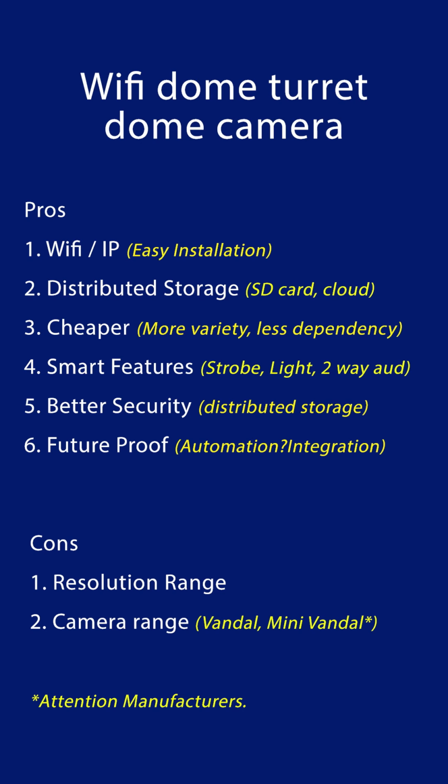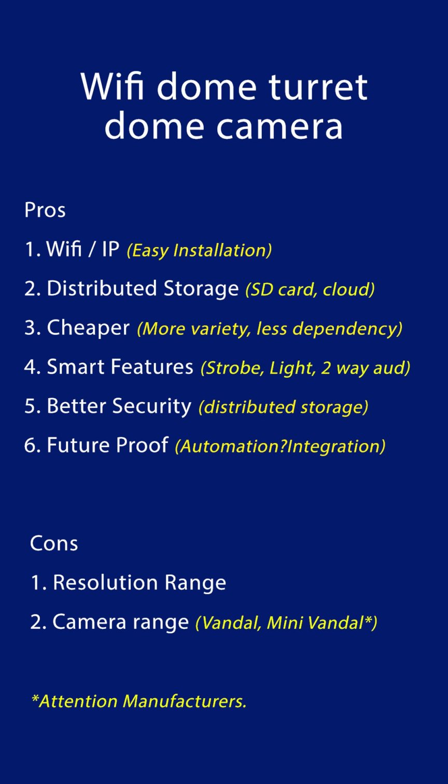Second con, which I would say yes is the camera range. The actual design of the cameras, you don't get as vast a range as you do in the professional range. So I'm talking about the physical shape. The Vandal domes, I haven't seen so many Vandal IP dome cameras, mini Vandals, and there's all sorts I could talk about here. And really, if you're a manufacturer, I would say listen up, because there's a lot of installers who are now using these cameras.